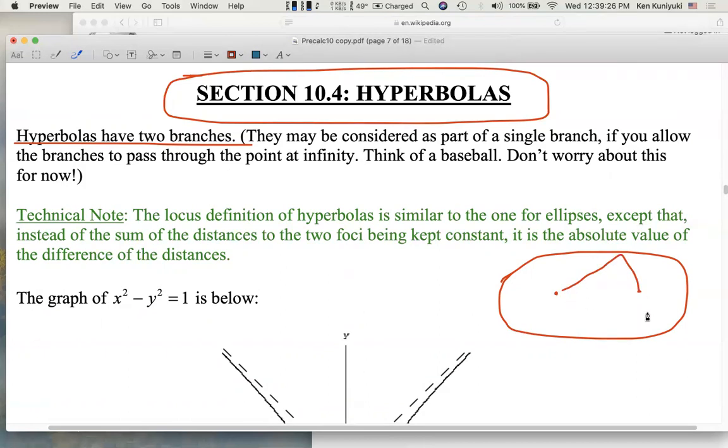The sum of distances remains constant for all points on the ellipse. Now for a hyperbola, it's similar, but instead of the sum of distances being kept constant, it's the absolute value of the difference of the distances.